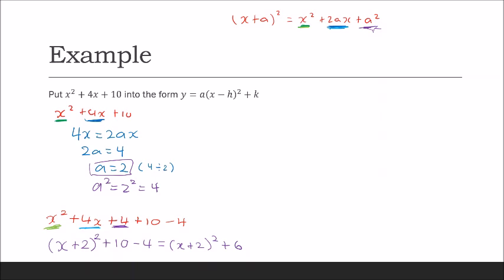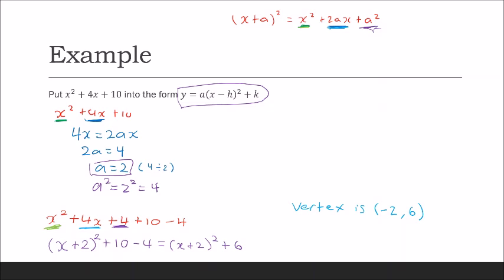What we've done is we've just written it in turning point form. In this turning point form, it's x plus something squared plus another number. This would then allow us to say my vertex coordinates are going to be -2 and +6.